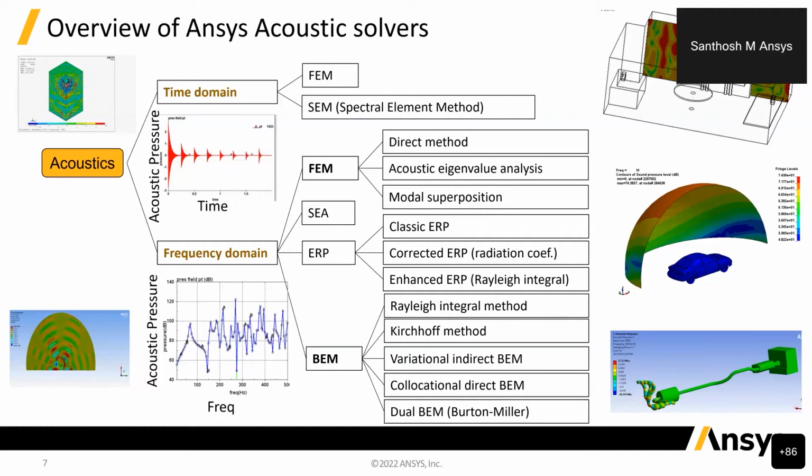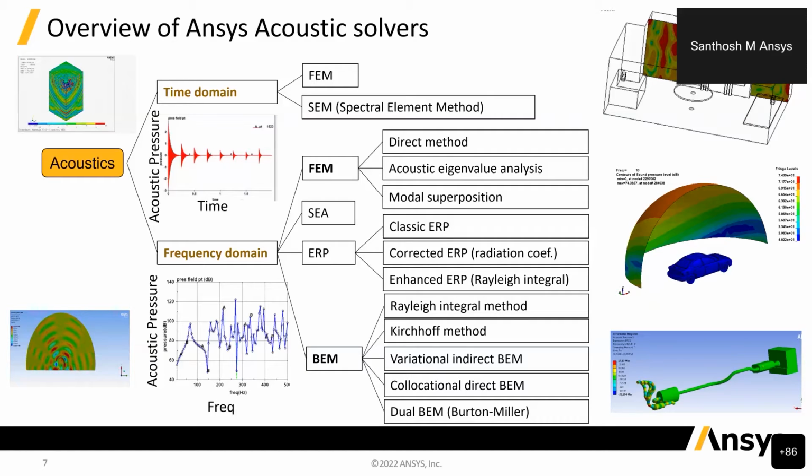There is another kind of scenario. If you are talking about IC engine noise or electric motor noise, the operation is going to happen for hours. So when we start looking at the data in the time domain, it does not make much sense. We will have a huge amount of data.